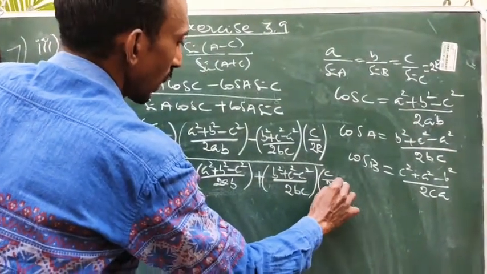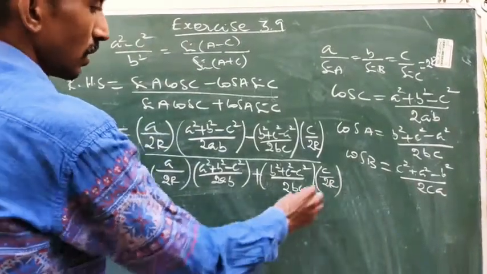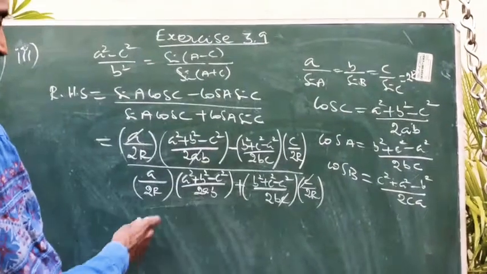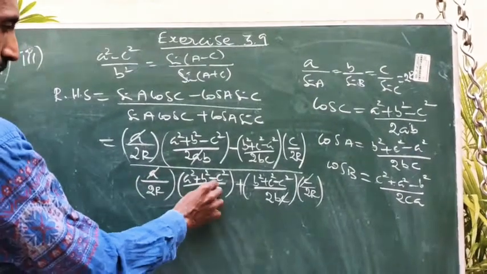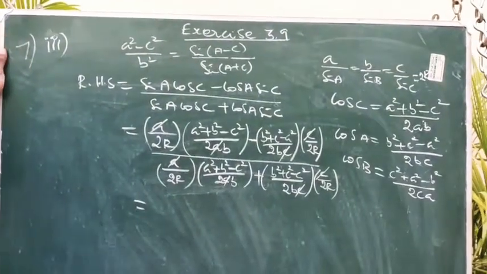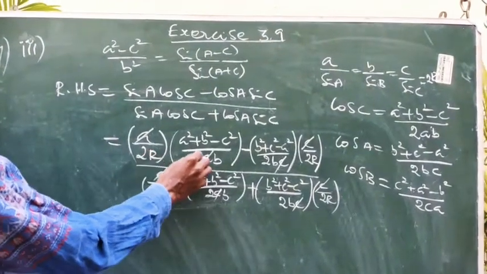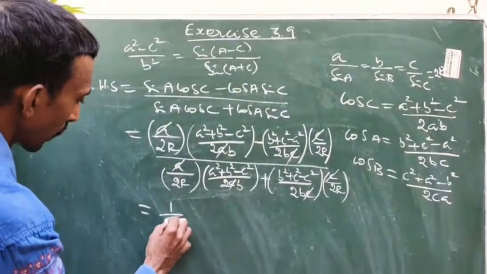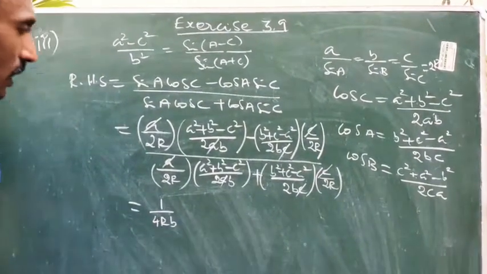So listen my dear student, c cancel, here a cancel, here a cancel, here also c cancel. So look at the numerator, 2 into 2, 4, rb is common, so 1 by 4 times r into b.